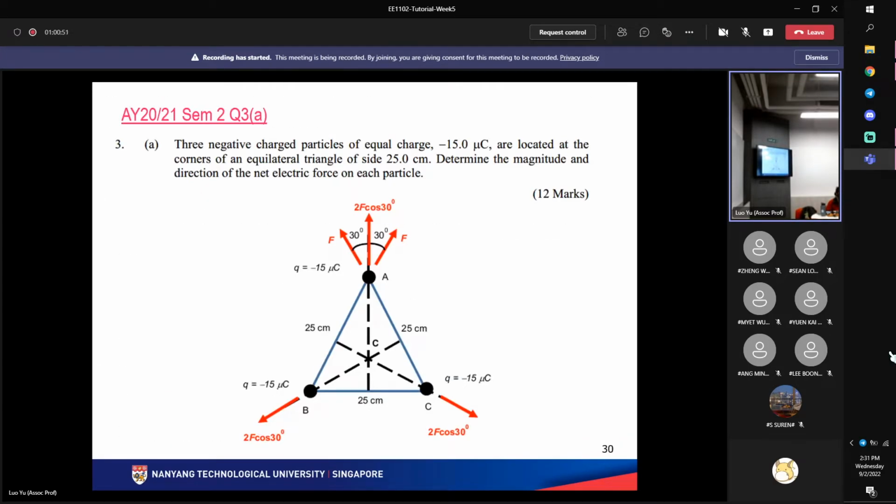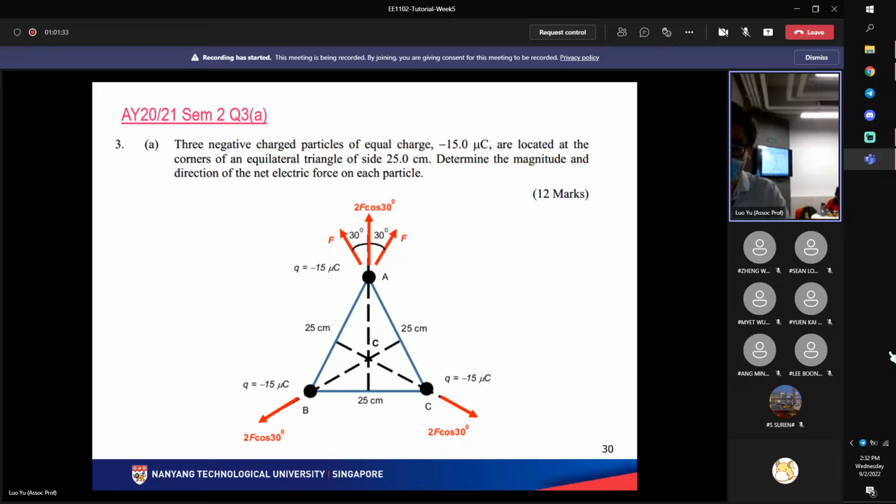First, due to the symmetry, let's consider the force experienced by A. A experiences the force exerted by B and C. Because they are identical, the force between A and B and the force between A and C should be the same. Let's assume this force is F. The two forces form an angle of 60 degrees, because the angle of an equilateral triangle is 60 degrees.